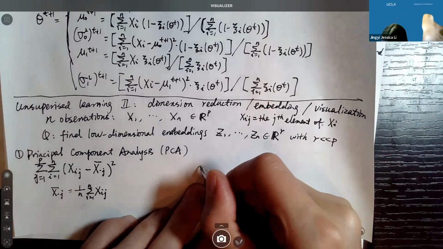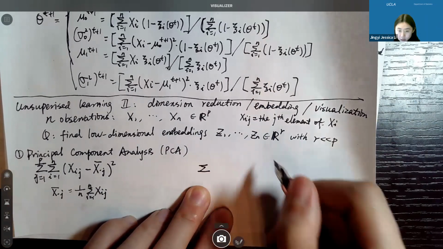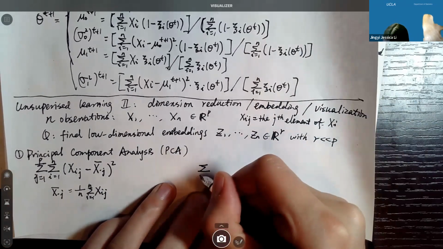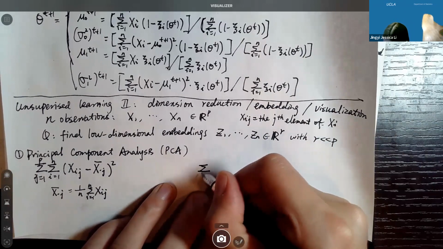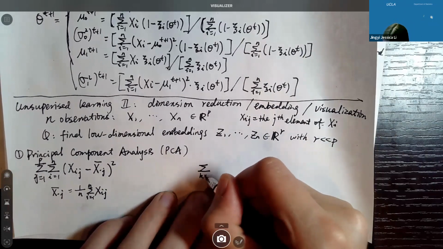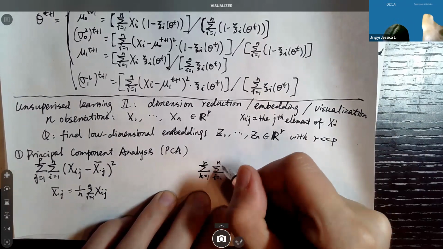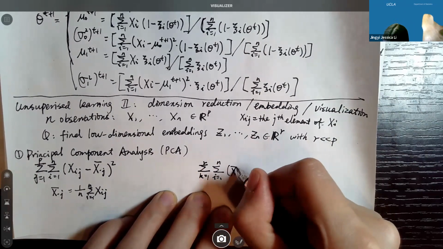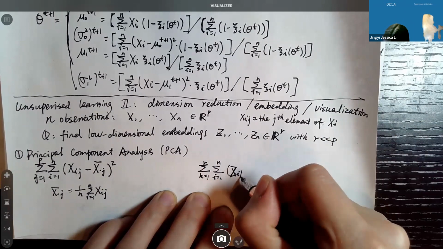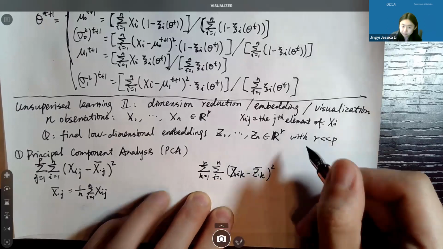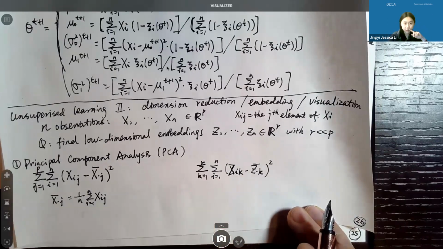If I write the total variance in the new data, in the low dimensional embeddings, then it will become the sum over k from 1 to r, i from 1 to n, of z i k minus z dot k bar, squared.